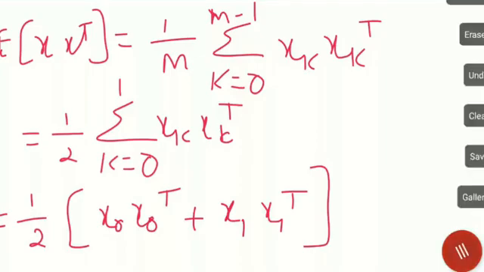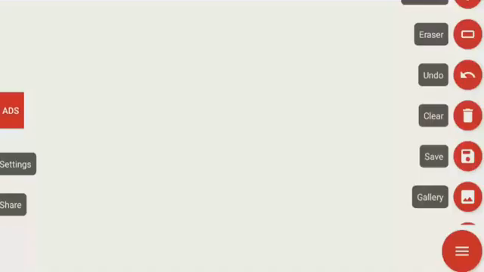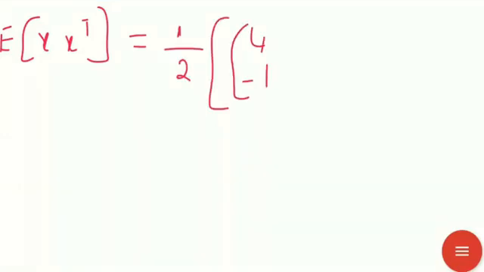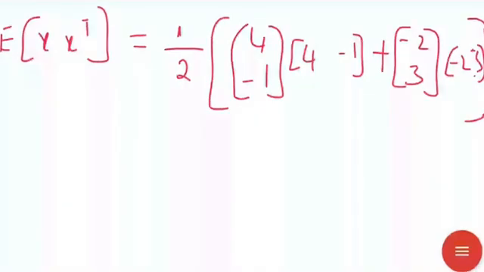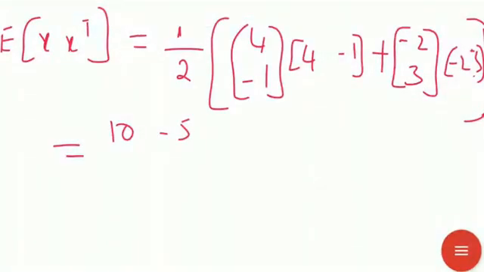So here substitute values and then simplify. Right. So this is equal to 10 minus 5, simplify, and then you can get like this.